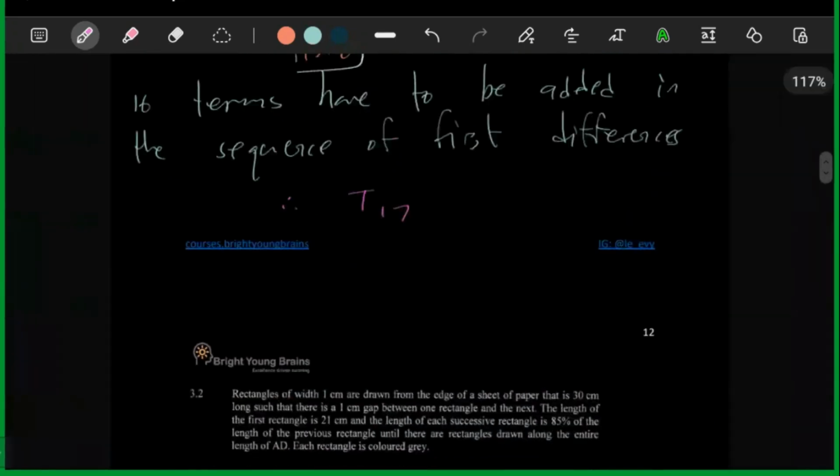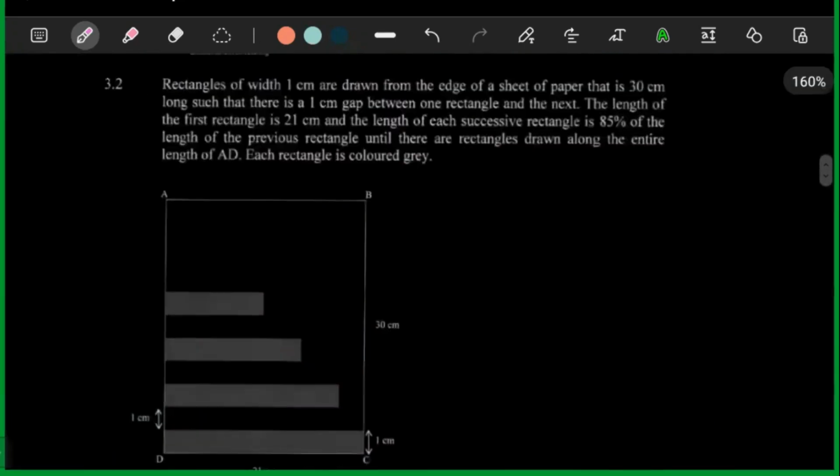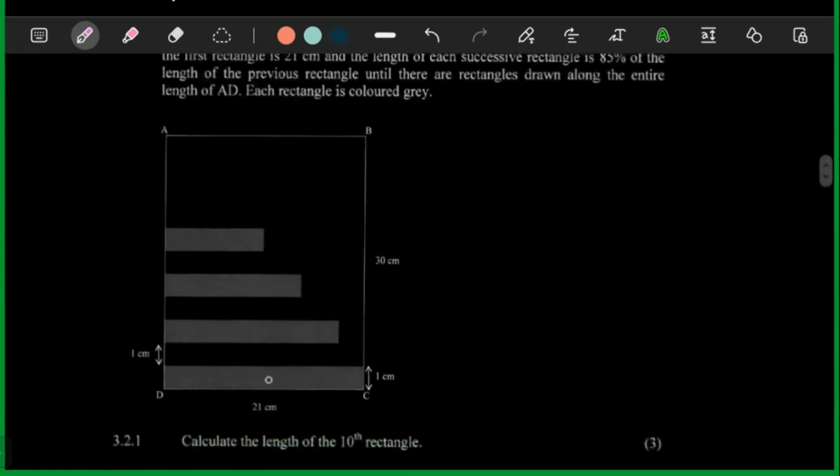So let's move on. 3.2 here says rectangles of width 1 centimeter are drawn from the edge of a sheet of paper that is 30 centimeters long, such that there's a 1 centimeter gap between the one rectangle and the next. The length of the first rectangle is 21, as we can see here.